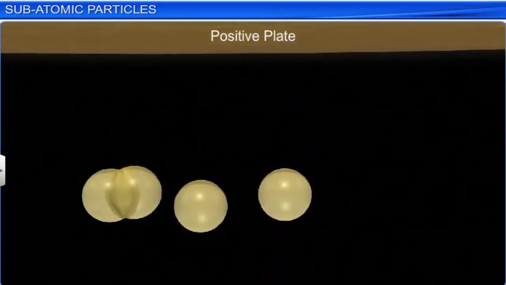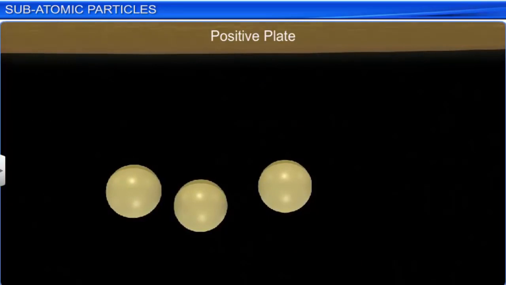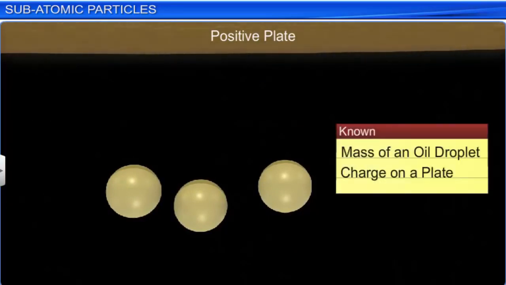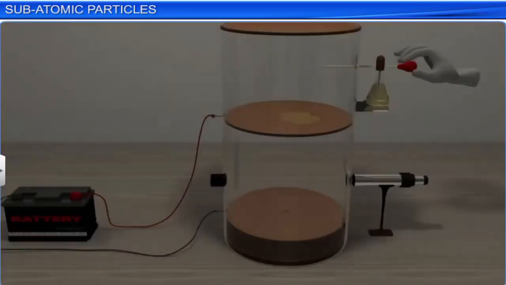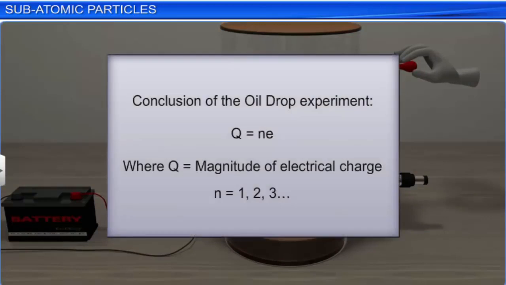He then calculated the charge on the droplet from the mass of the oil droplet and the charge on the plate. He found that the magnitude of electrical charge, Q, on the droplets is always an integral multiple of the electrical charge E.